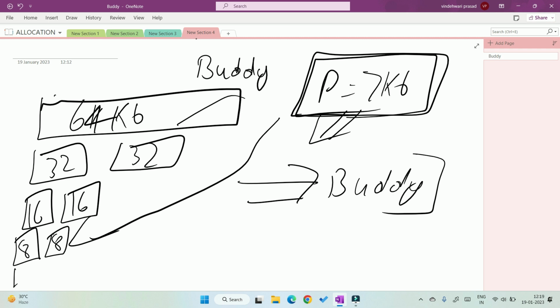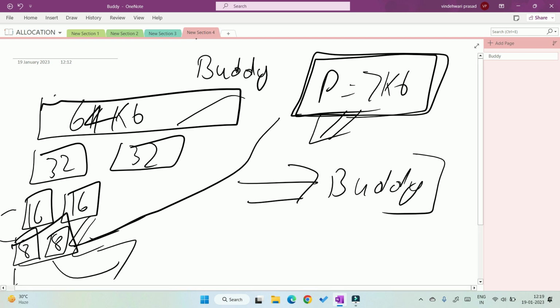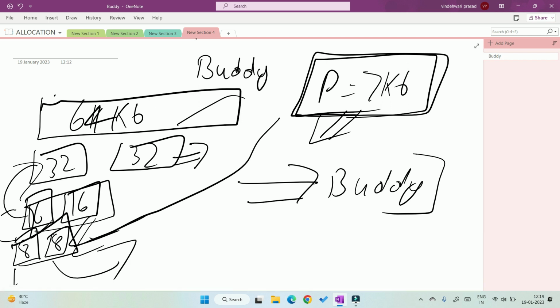If the process terminates, suppose the process is completed, the memory becomes free. What will the buddy method do? It will merge 8 into 16, then 16 into 32. It merges until it finds a neighbor that is already occupied.